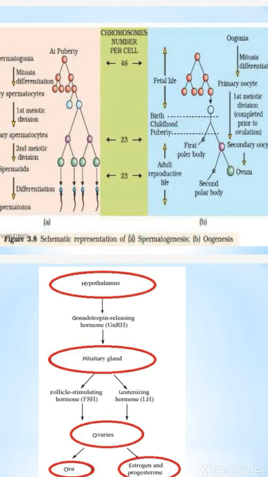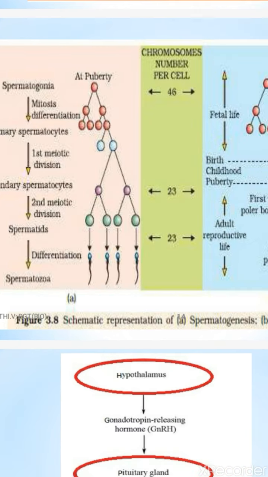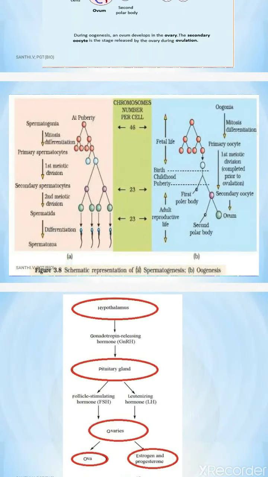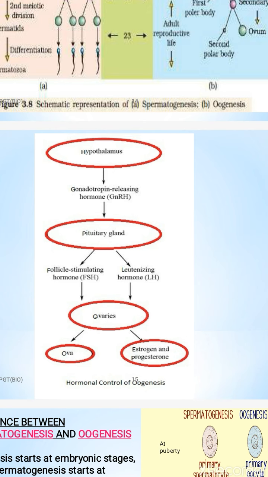Now, the diagram given in your NCERT book shows spermatogenesis and oogenesis. You see the hormonal control: the hypothalamus produces GnRH, that is gonadotropin releasing hormone.